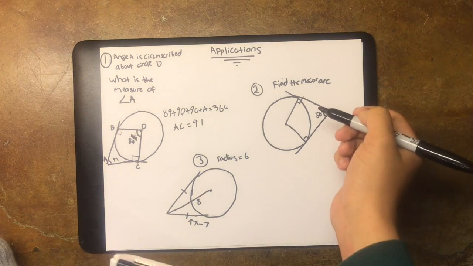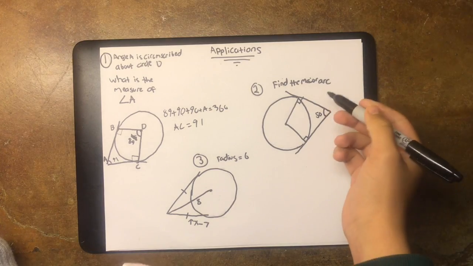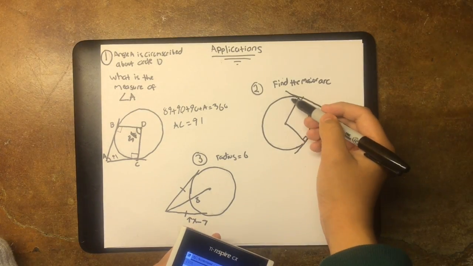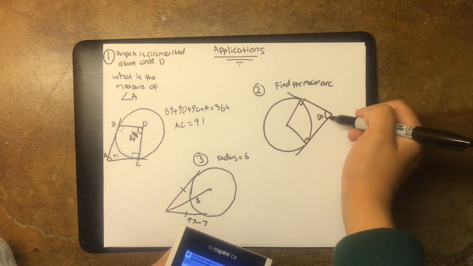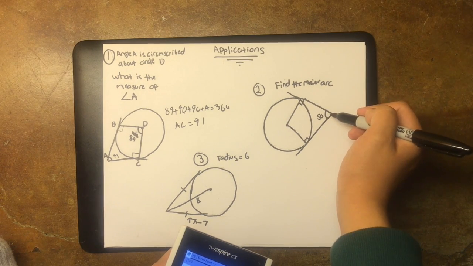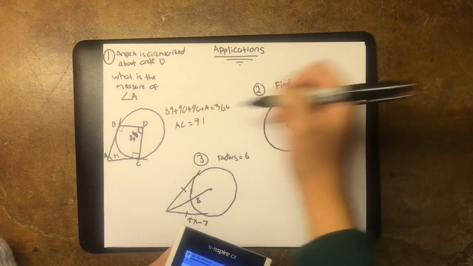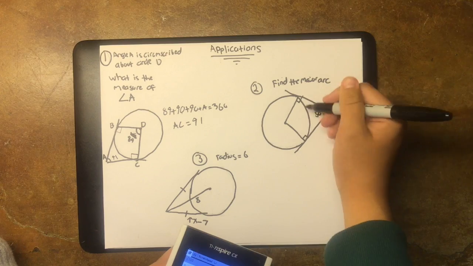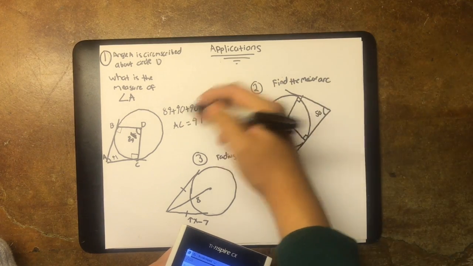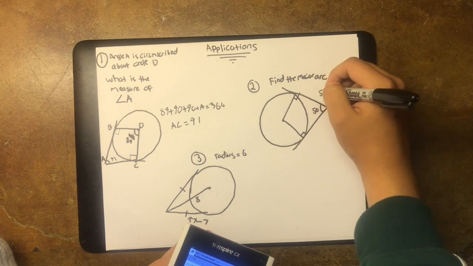Now let's look at example 2, where it says find the major arc, which is this. This is the major arc of the circle. We know that the circumscribed angle is 50, which is the opposite of the first. So a good step would be to find the minor arc first, which is this. We would do the exact same thing we did over there.